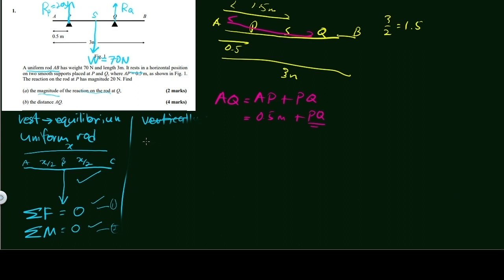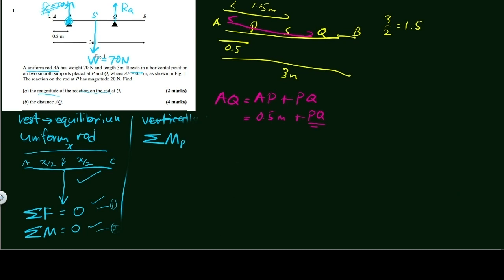I will take the summation of moment at point P. This is my pivot, so the forces acting at P, I will eliminate. I do not have to deal with these forces because they act at the point which is our reference or our pivot.